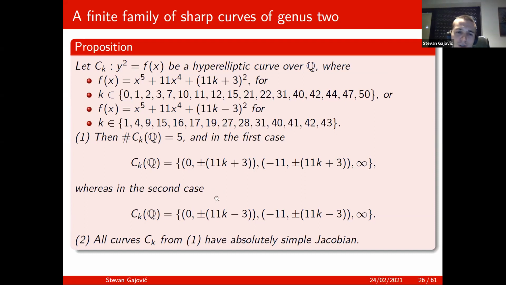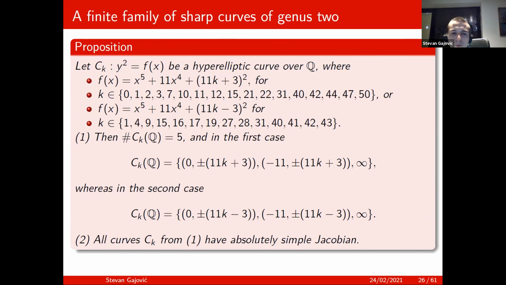The second case is, similarly, we again have 0 and minus 11 as a root of this polynomial. So we have 5 points, and we can determine them if the rank is equal to 1. I added this second condition, although I didn't introduce it before.